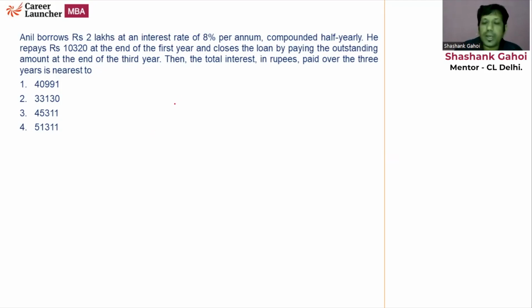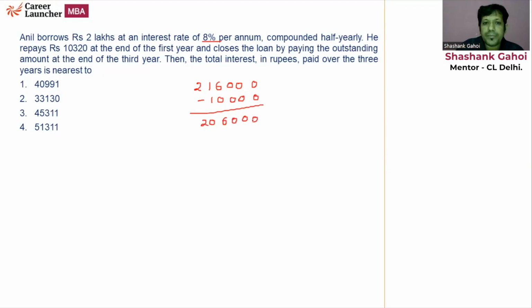What I'm going to do is assume it is simple interest. So for 2 lakh, with simple interest, I am going to get 8% interest, so the total interest is going to be 16,000. So the total amount becomes 2,16,000. Out of this amount, the person paid about 10,000, so the remaining amount has become 2,06,000.